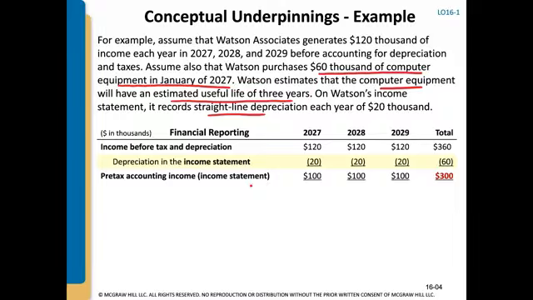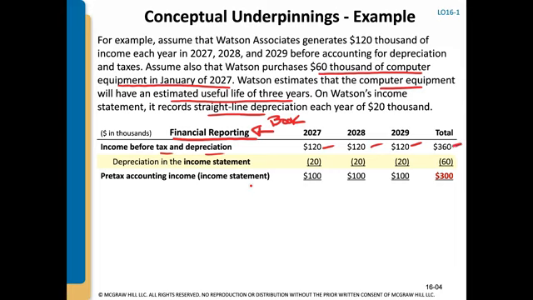So here on this first section, we have financial reporting. And when we say financial reporting, we mean this is what you would see in the 10K. Sometimes I'll refer to this as book, versus the tax one that we'll go through. So we're going to start with income before tax and depreciation, and we're told it's $120,000 per year for 3 years.